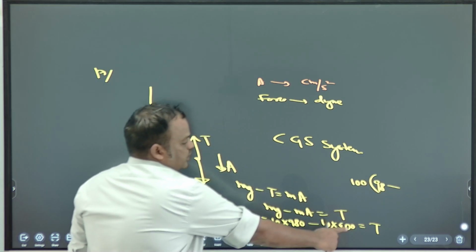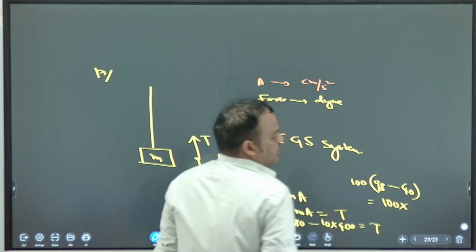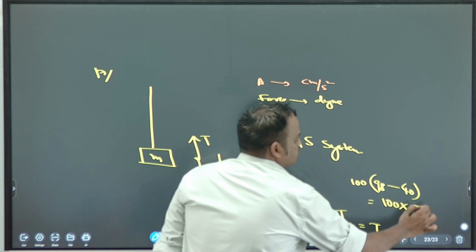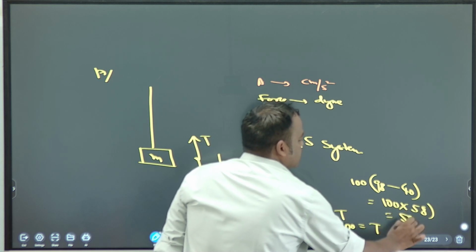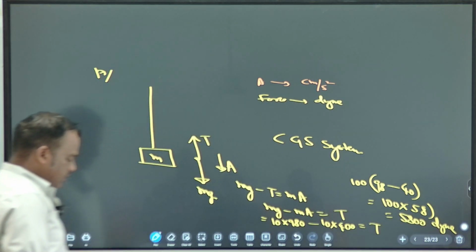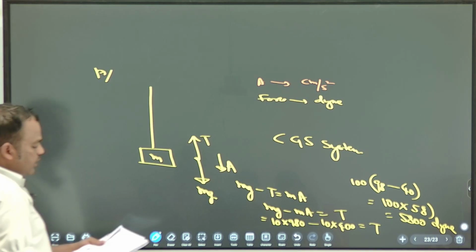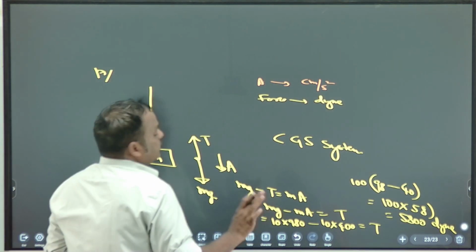So 100 into 98 minus 40, how much? 58, correct? So what is the answer? 5800 dyne. Note down. 5800 dyne. Any doubt? Any problem?